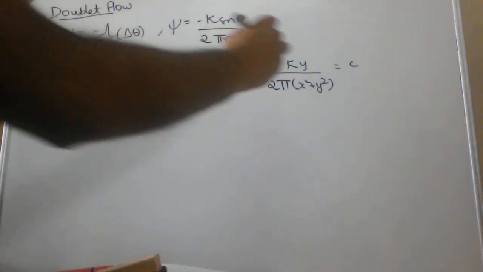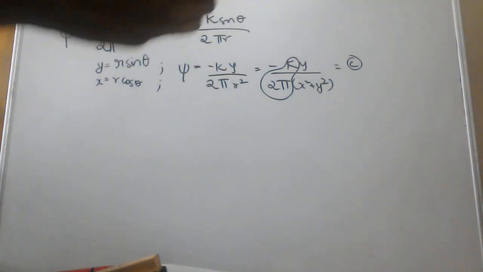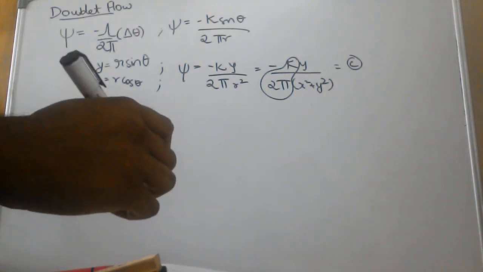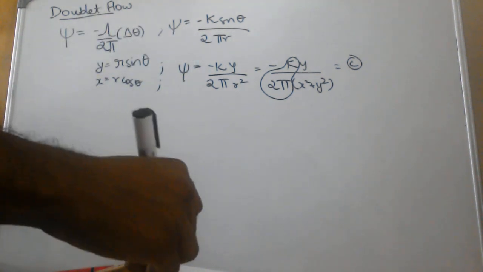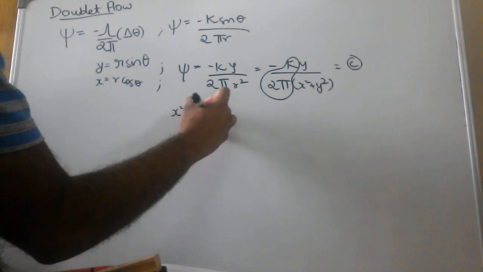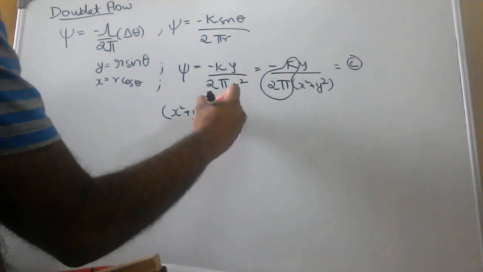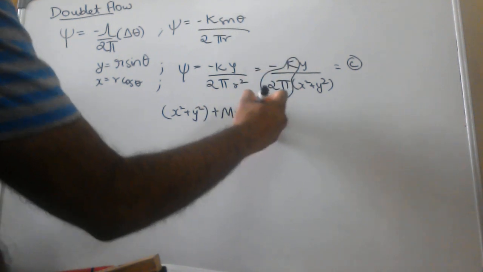So I can combine this and call it a single constant, maybe a capital M. So what I get is x squared plus y squared minus my, or plus my, doesn't matter, is equal to 0.